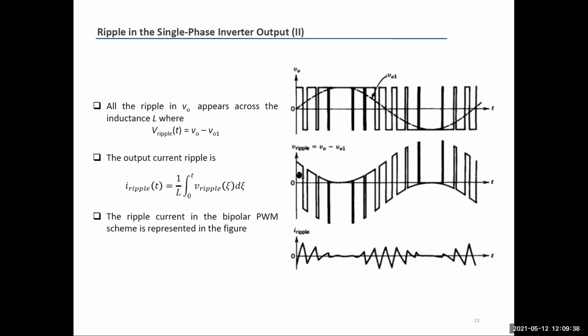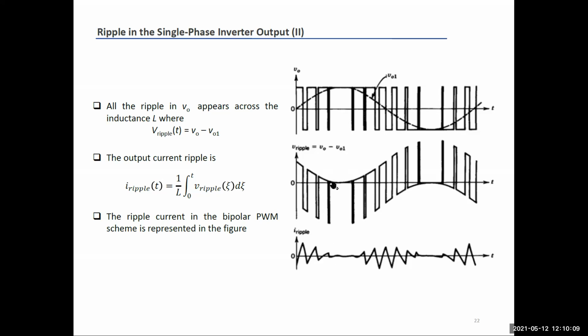This means that the peak-to-peak current ripple is larger during the first pulse with respect to the second and third pulses. And this happens exactly this way. The peak-to-peak variation, the result of this integral, is larger here due to the large area under the V ripple curve with respect to the second and third pulses.